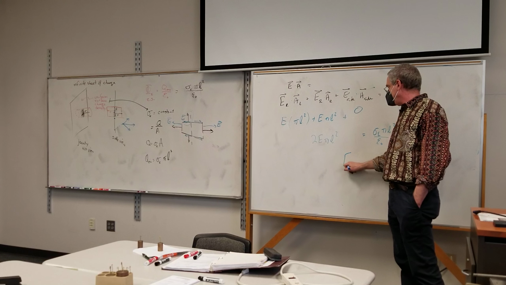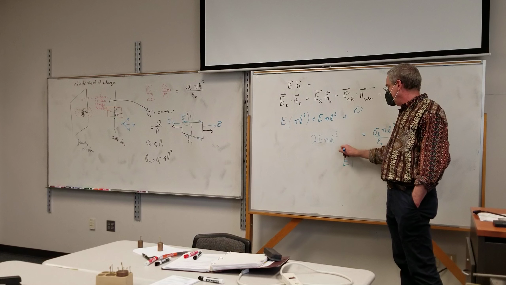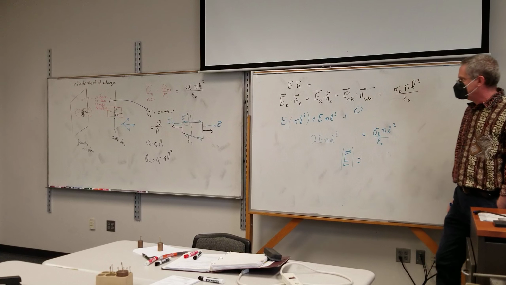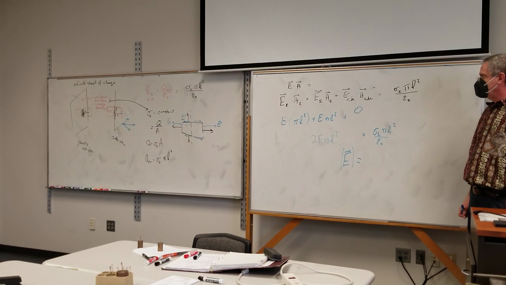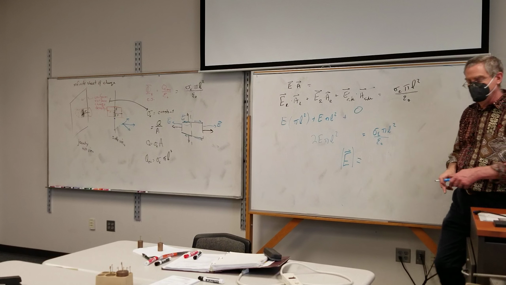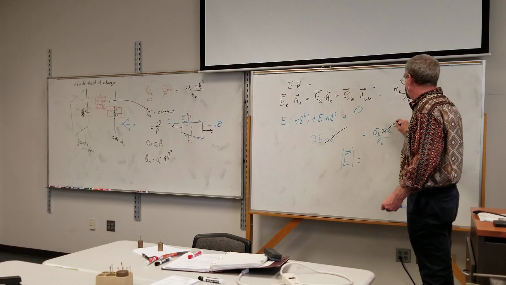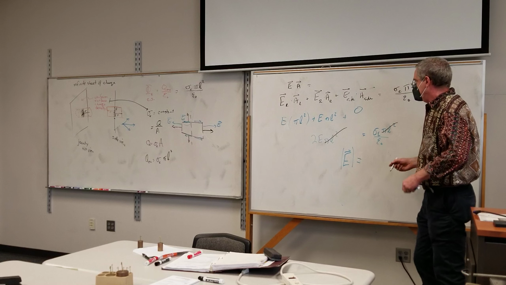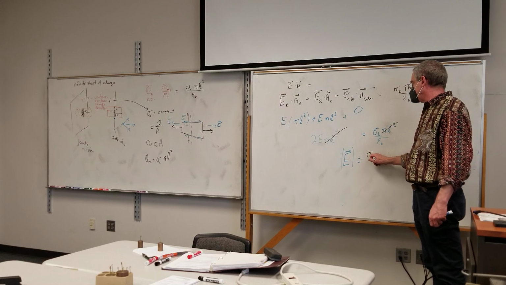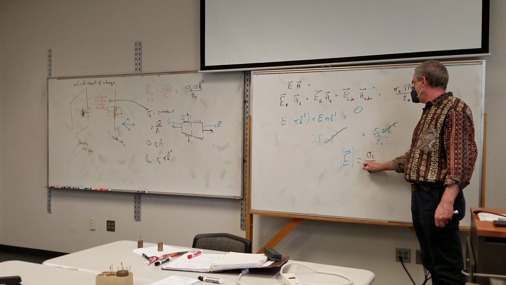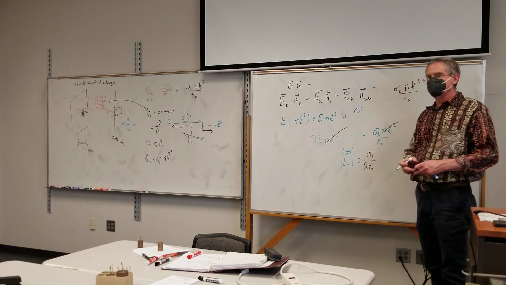So the magnitude of my electric field is, well, pi L squared cancels out very nicely. And I'm left with whatever my surface charge density is, divided by 2 epsilon sub naught.